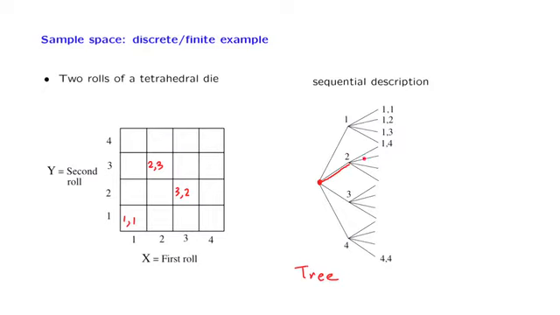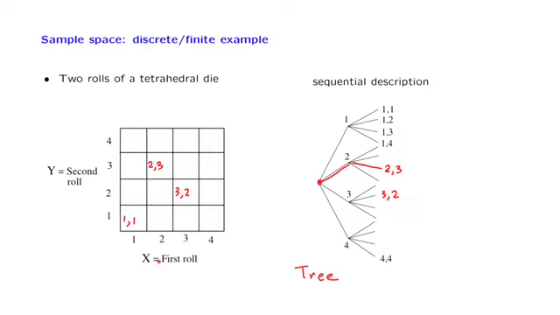And then we take note of what happened in the second roll, and maybe the result was a 3, so we follow this branch here and we end up at this particular leaf, which is the leaf associated with the outcome 2, 3. Notice that in this tree we once more have a distinction. The outcome 2 followed by a 3 is different from the outcome 3 followed by a 2, which would correspond to this particular place in the diagram.